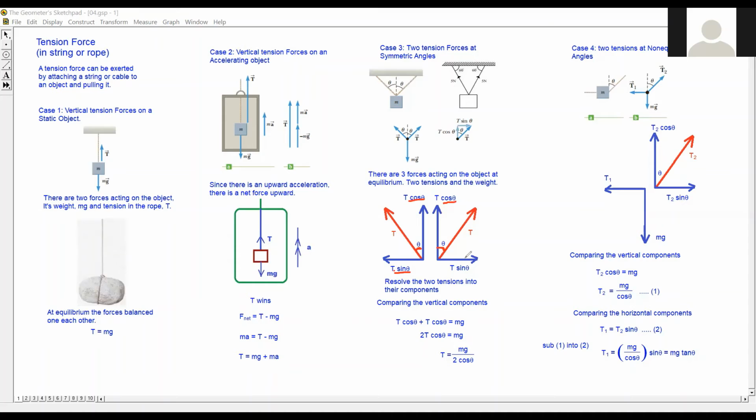The horizontal component of the force is T sine theta. So once you resolve the red arrow into its two blue components, the red arrow no longer exists. You just replace the red arrow by the two blue ones.